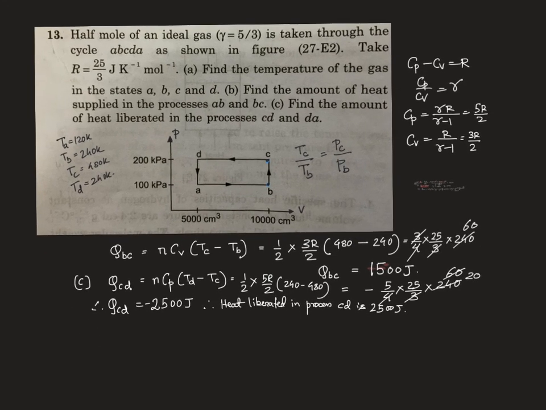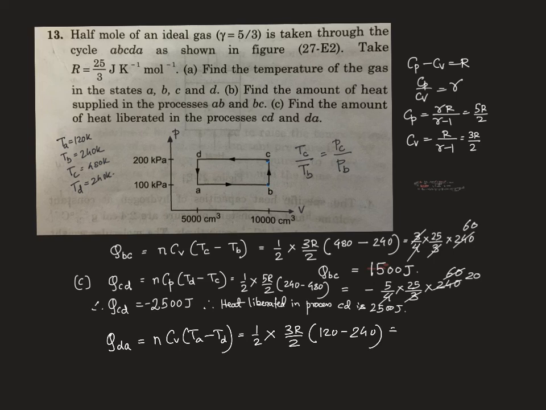Then process DA: heat gained is equal to nCv into TA minus TD, that is half into Cv, 3 by 2 R, into TA minus TD.